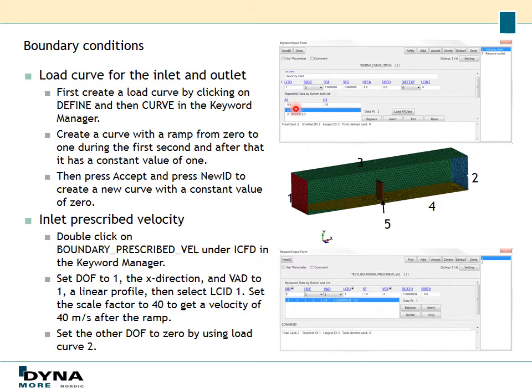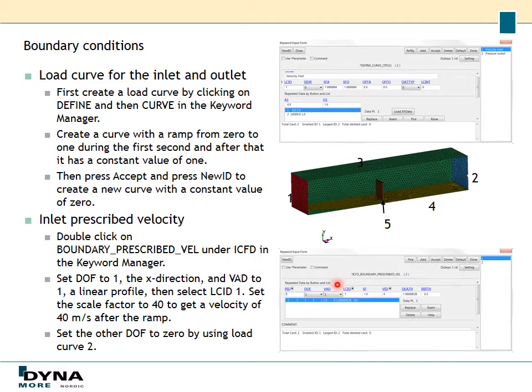So for the third point, enter a high value here and then keep the ordinate value as 1. And then press accept and press new ID and create a new load curve that is constantly 0 for the pressure condition.